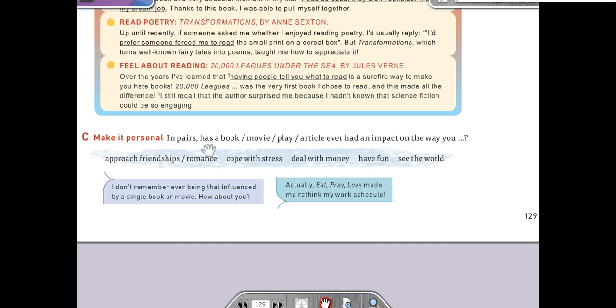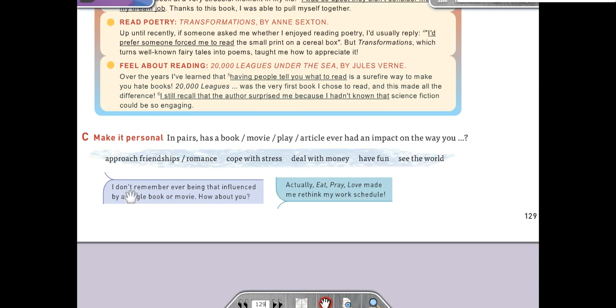Make it personal. For example, has a book, a movie, play, or article ever had an impact on the way you approach friendships and romance, cope with stress, deal with money, have fun, or see the world?